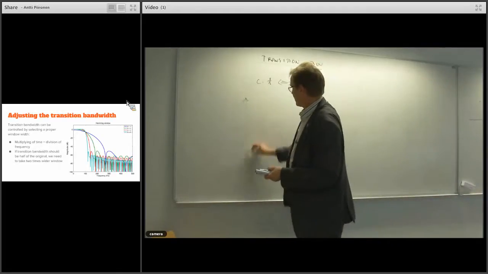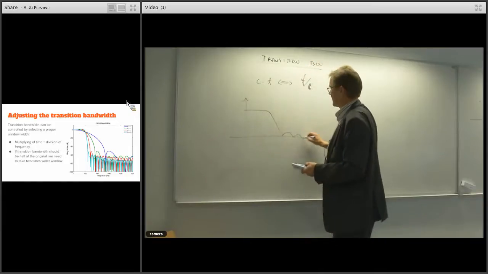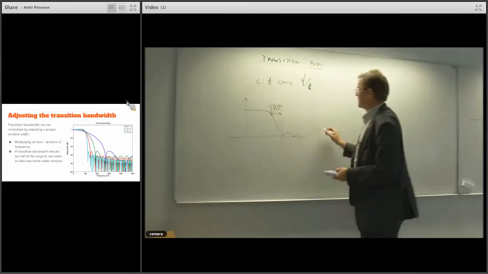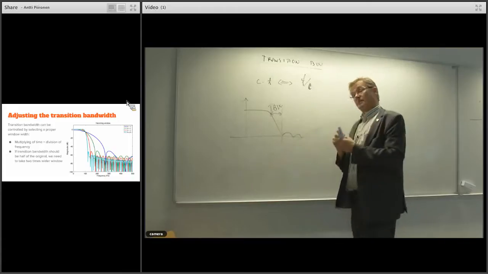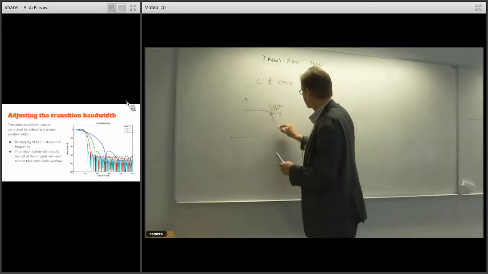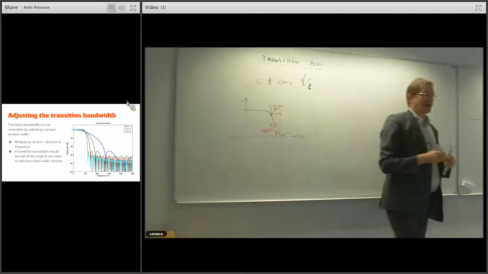So if we have a transition bandwidth like that, and you want to cut that one into half, like this, what you need to do is just multiply the time.